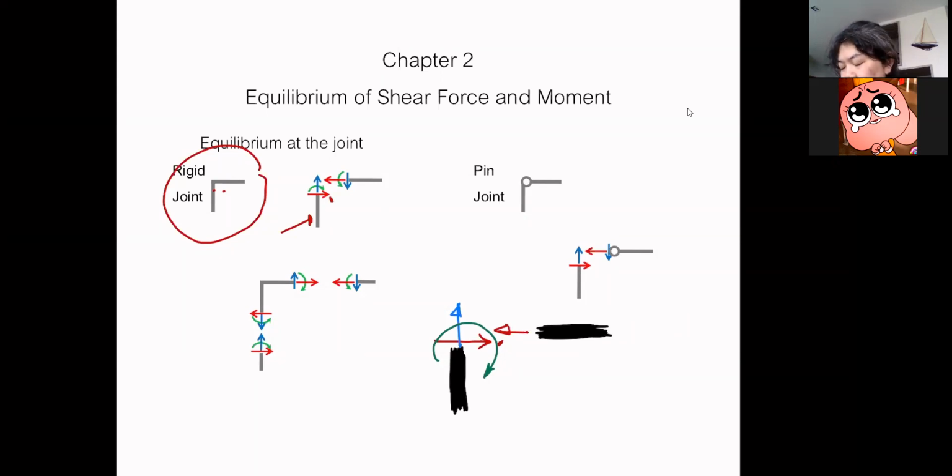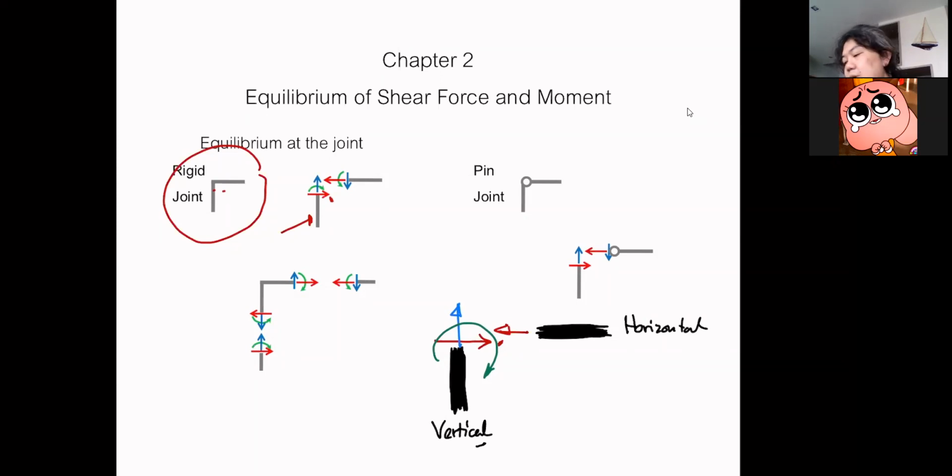So you can see what is shear force for the vertical member here becomes the axial force for this horizontal member. You may be familiar with this as a column, but it's not a column, because it has moment and axial force, right?